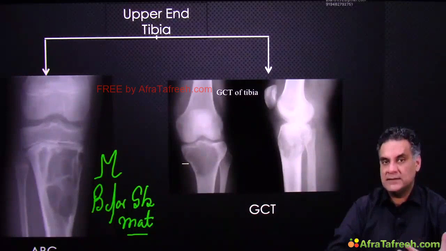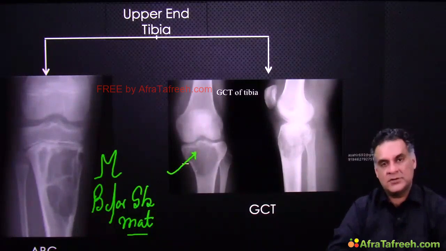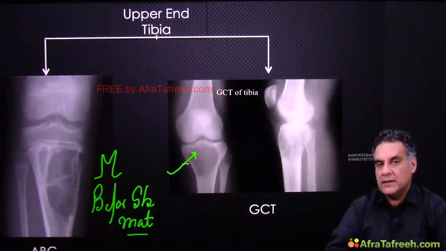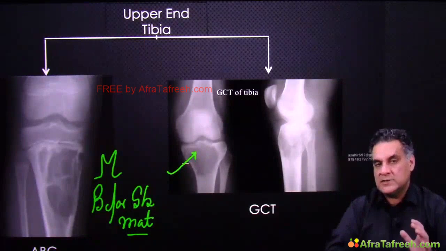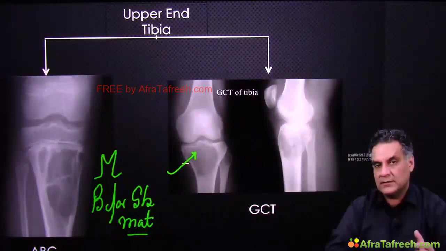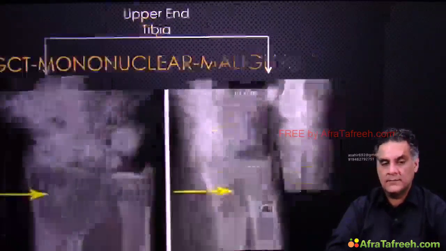Whereas GCT is seen towards the epiphysis after maturity. GCT is the only tumor known which can involve the joints. According to Robbins, this is the only tumor which can go and involve the cartilage.